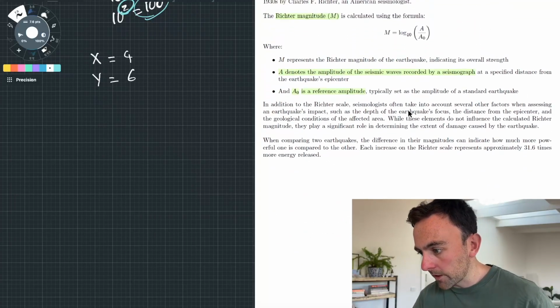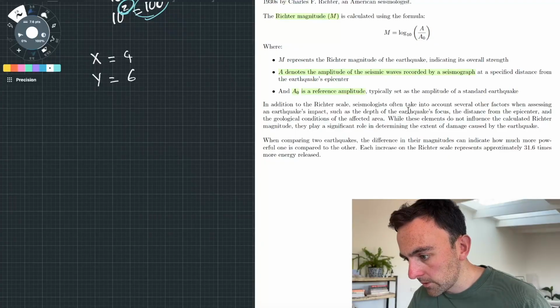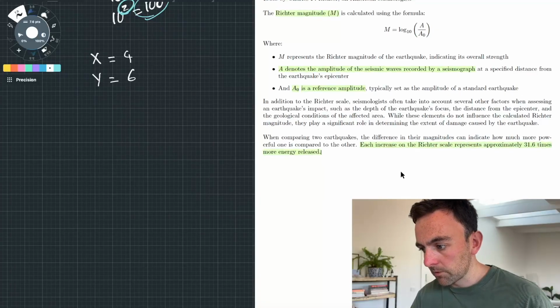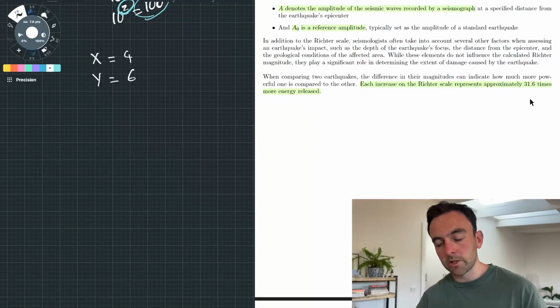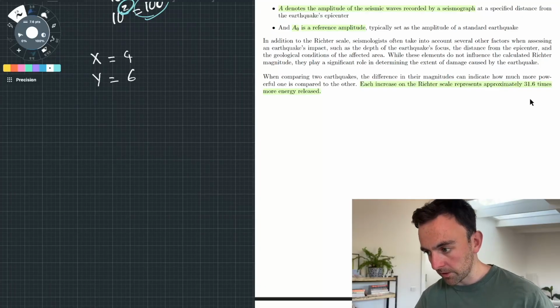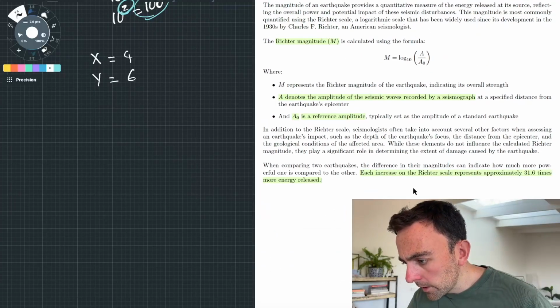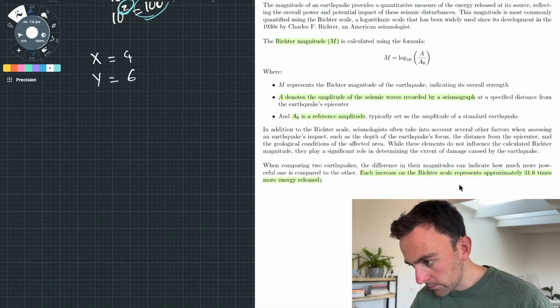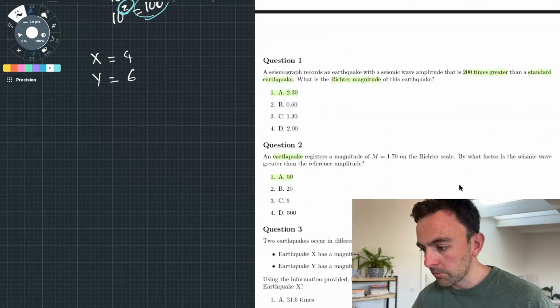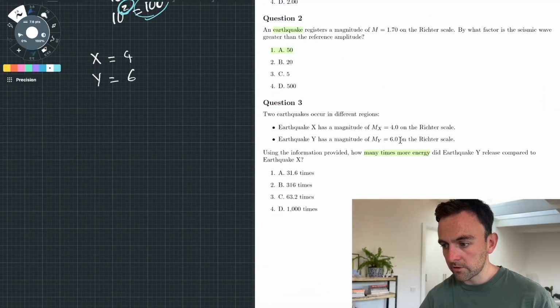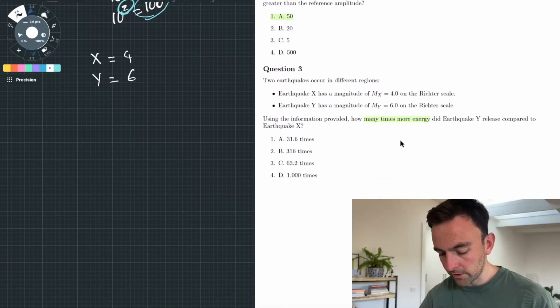So if we scroll back up to the question, each increase on the Richter scale represents approximately 31.6 times more energy released. So for this one, it's increased 2 on the Richter scale.